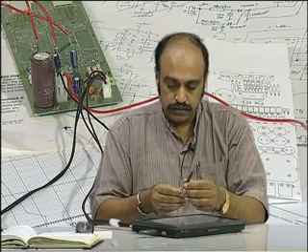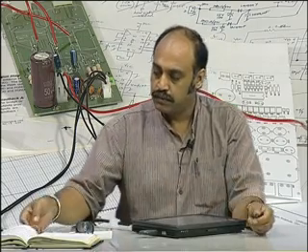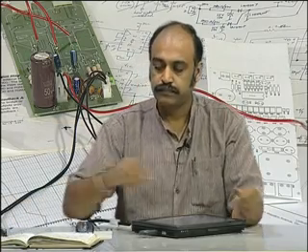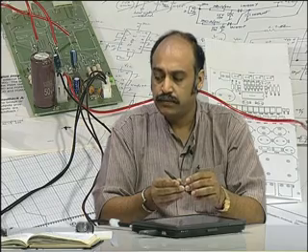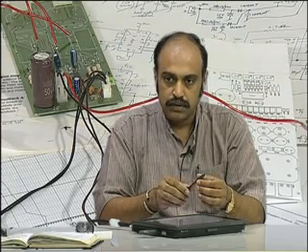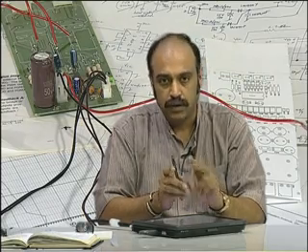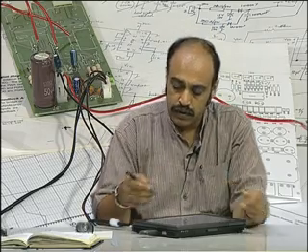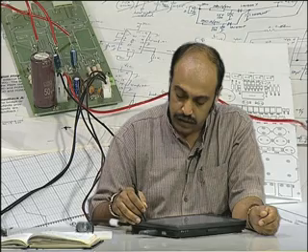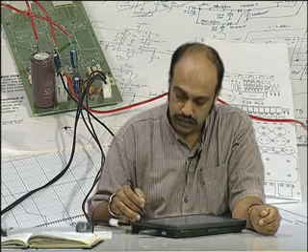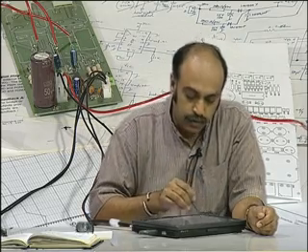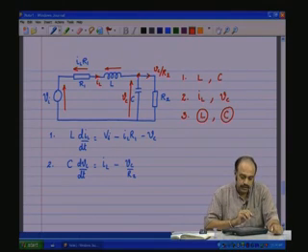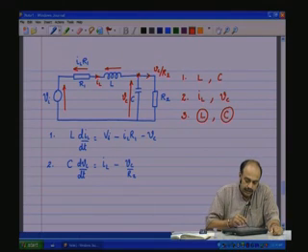Now, at this point, I would like to state that we have two important laws, which is the Kirchoff's voltage law, which we have been applying for all the loops here, and the second is the Kirchoff's current law, which is being applied for all the nodes.